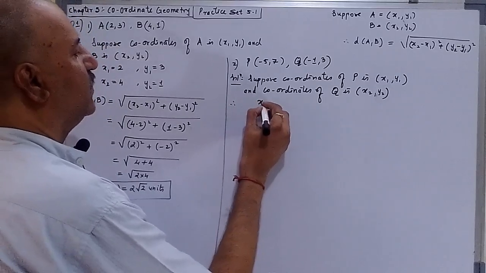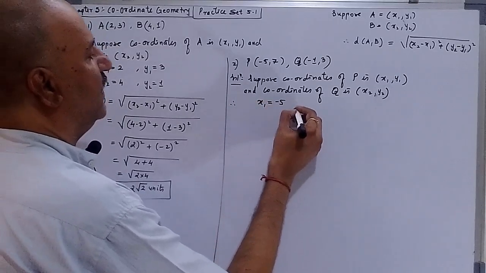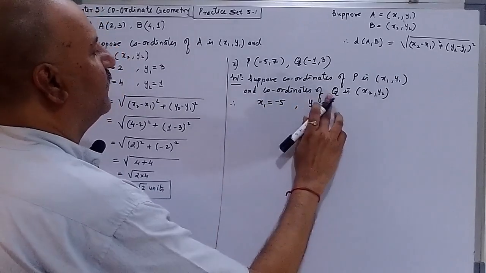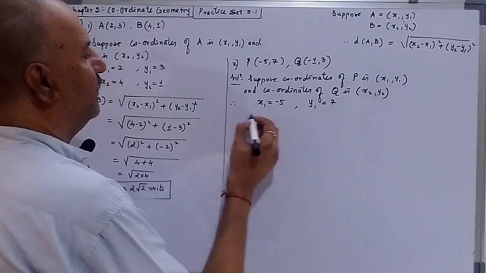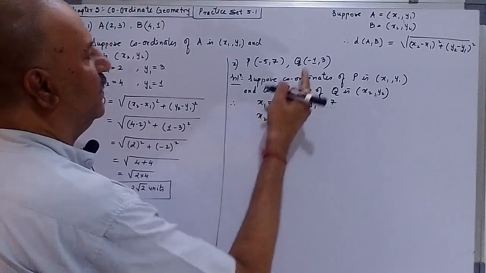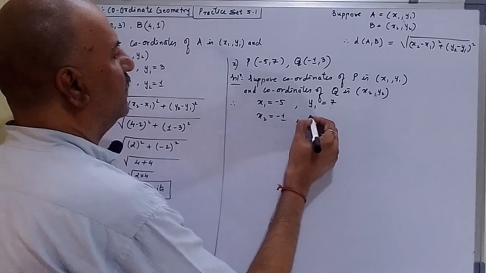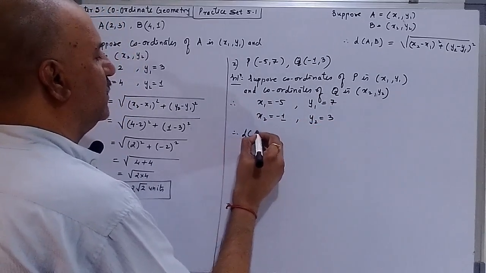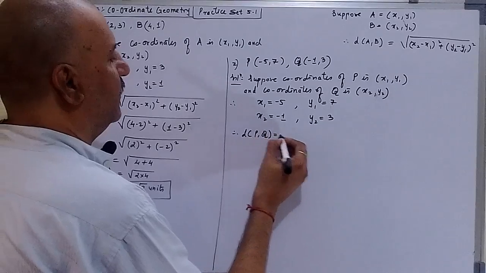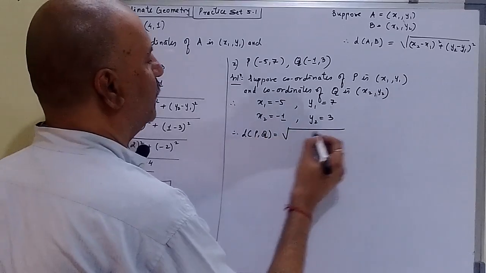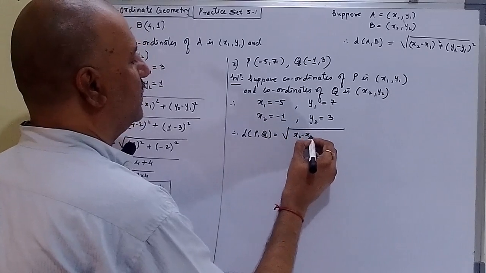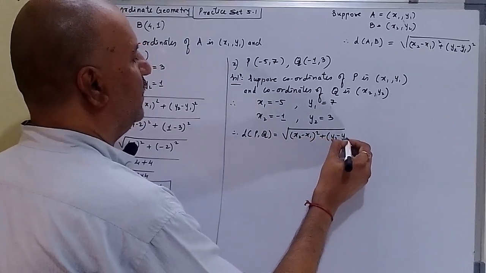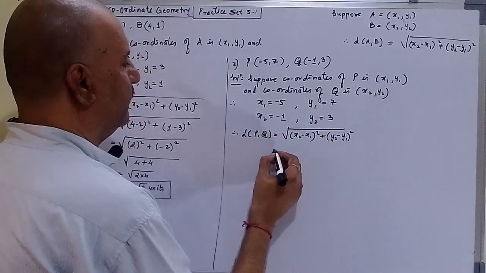Therefore x1 is -5, y1 is 7, x2 is -1, y2 is 3. Therefore distance PQ will be the square root of x2 minus x1 the whole square plus y2 minus y1 the whole square.